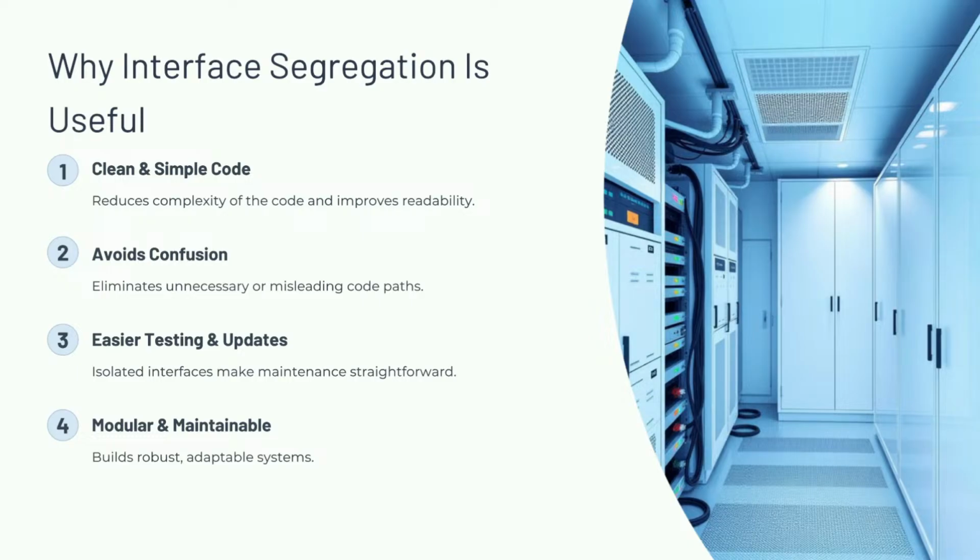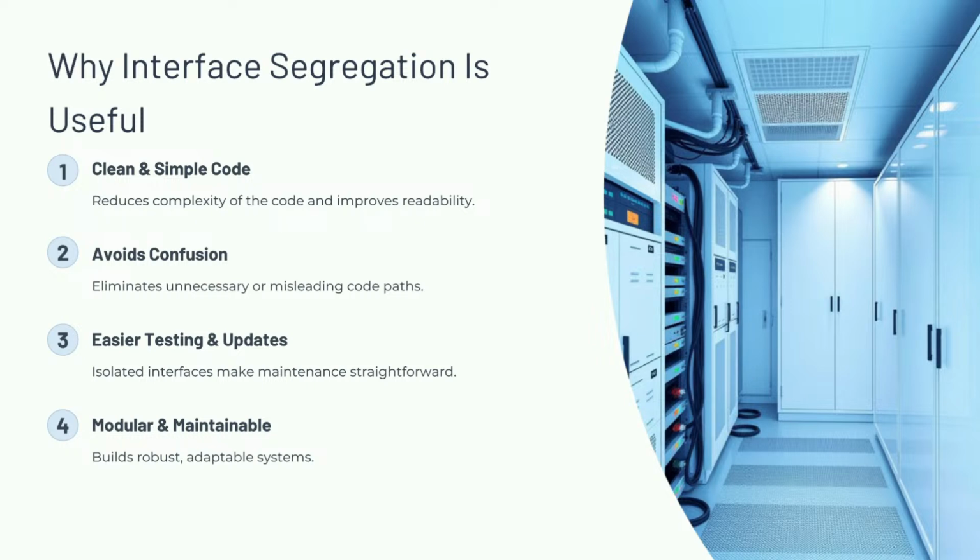Now let's talk about why this principle matters in real-life projects. First of all, it helps keep our code clean and simple. By reducing unnecessary code, everything becomes readable and easier to understand. Second, it avoids confusion. When an interface has extra methods, developers might feel they have to implement or use them, even when they don't need to. Third, it makes testing and updating much easier.